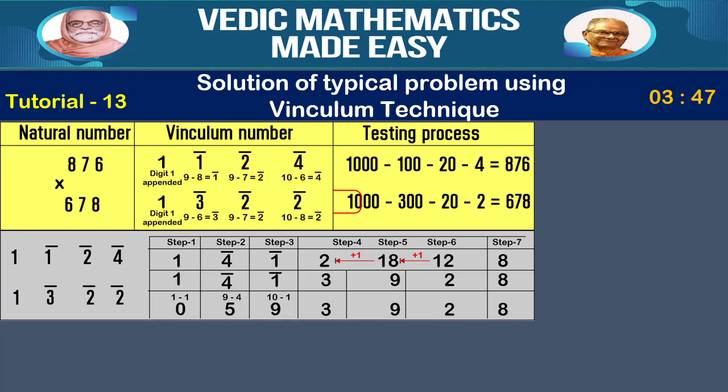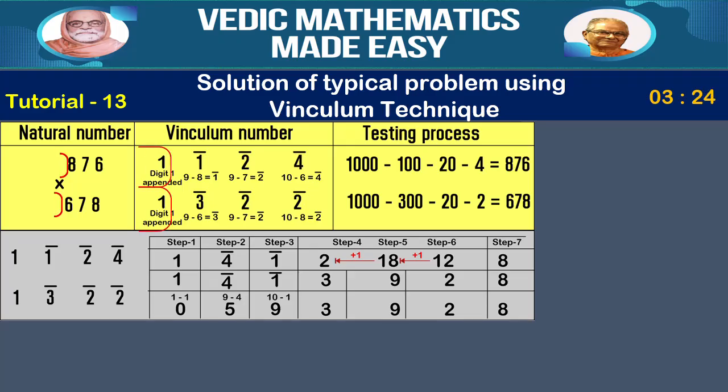Similarly, 1000 minus 300 minus 20 minus 2 is equal to 678, or 1000 minus 322 is equal to 678. Hence, the conversion process is correct.